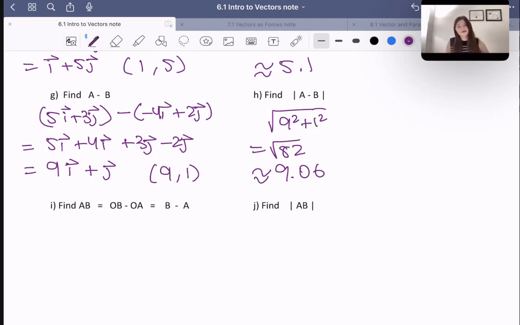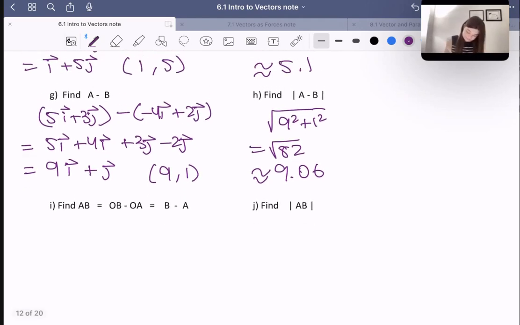All right, so now they're asking us to find AB, right? Which is the same as OB minus OA or B minus A. So let's do that. Let's find B minus A. So that would be negative 4i plus 2j, subtracting 5i plus 3j.